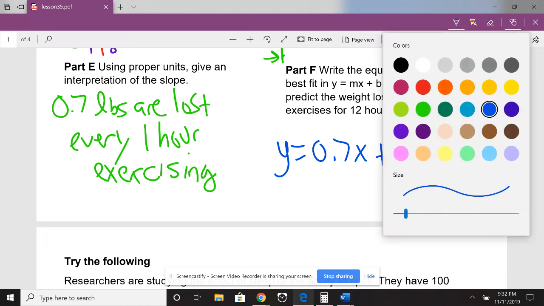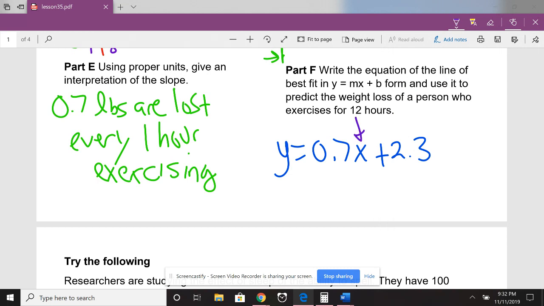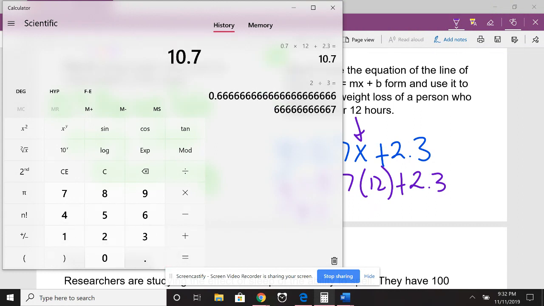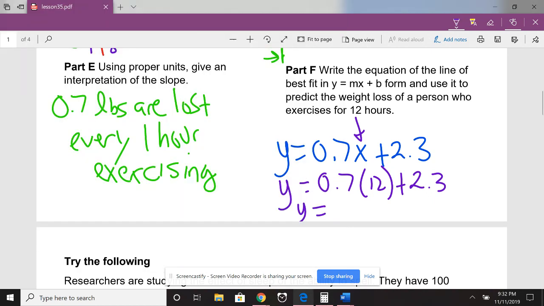Now we plug in that 12 for x. So you have 0.7 times 12 plus 2.3. I'm going to do this in the calculator, 0.7 times 12 plus 2.3. So they're going to lose about 10.7 pounds.